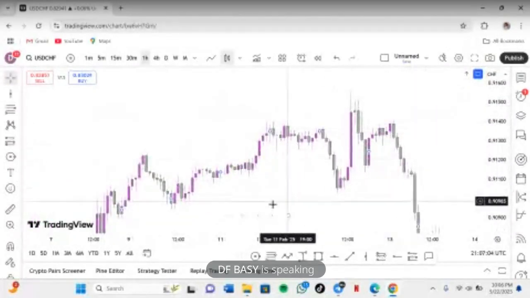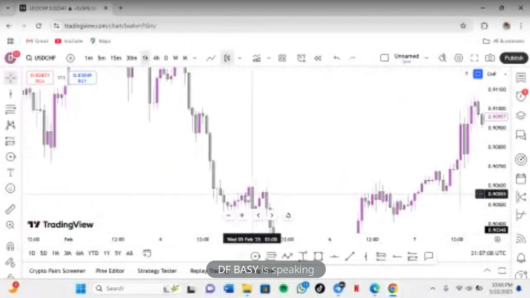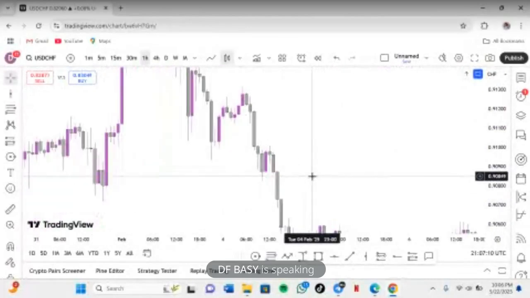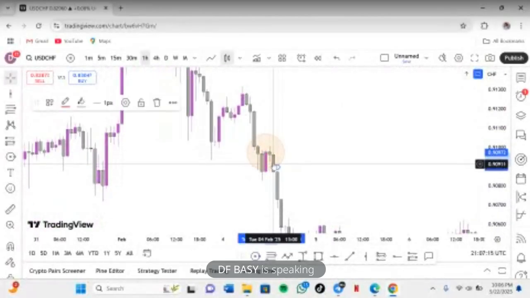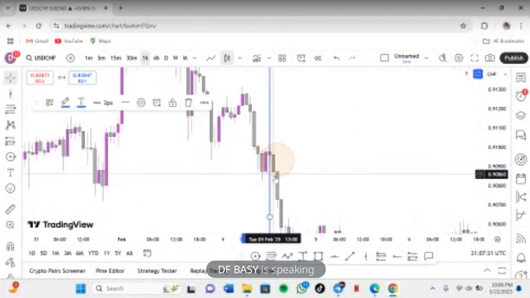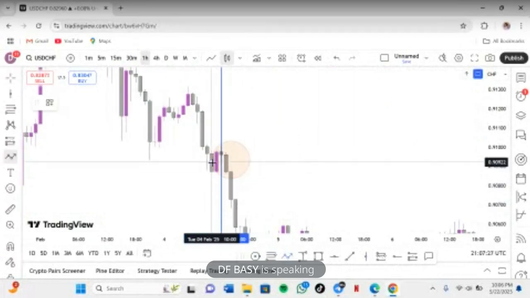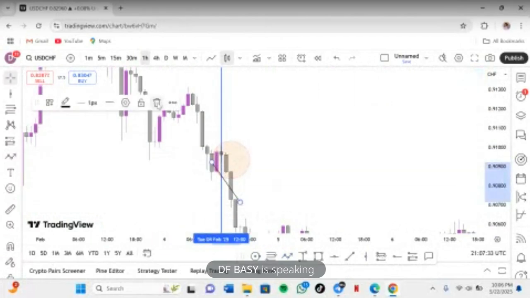Bearish engulfing here. Still looking for an evening star. Okay, I see an evening star here, though just beside is a bullish engulfing. If you want to mark from here, you have this. See, this is a bullish engulfing.